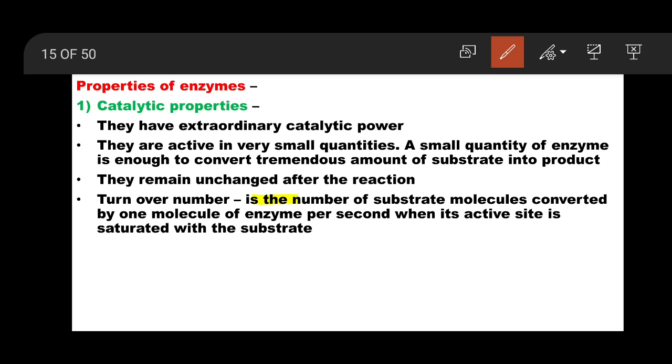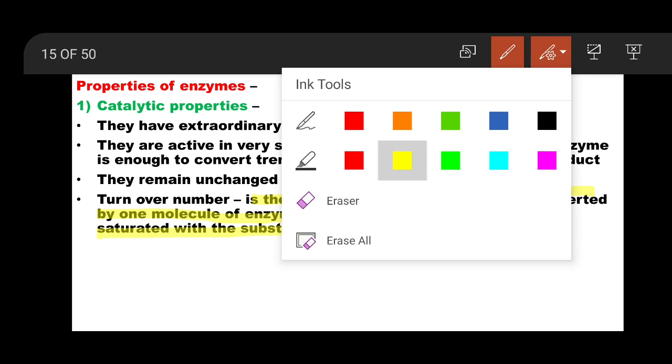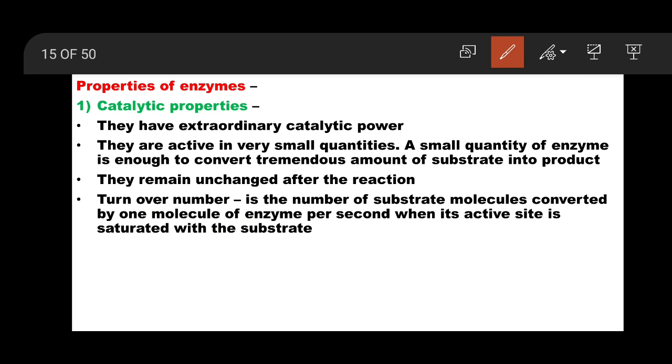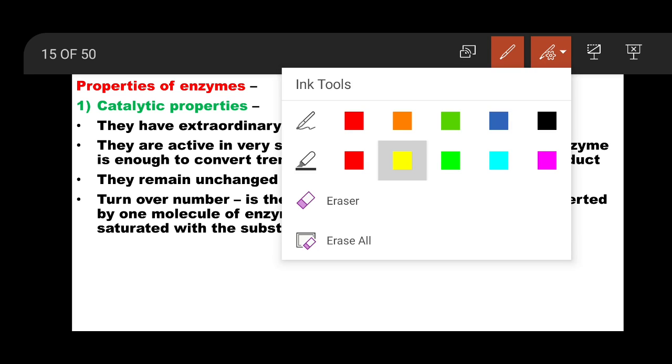It is the number of substrate molecules converted by 1 molecule of enzyme per second, एक सेकंड में, when the enzyme's active site is saturated with the substrate. So पूरा के पूरा एंजाइम का एक्टिव साइट सबस्ट्रेट से सैचुरेट होना चाहिए. उस वक्त एक एंजाइम का मॉलिक्यूल कितने सबस्ट्रेट मॉलिक्यूल्स का कन्वर्जन करता है इनटू द प्रोडक्ट, इसको टर्नओवर नंबर कहते हैं.